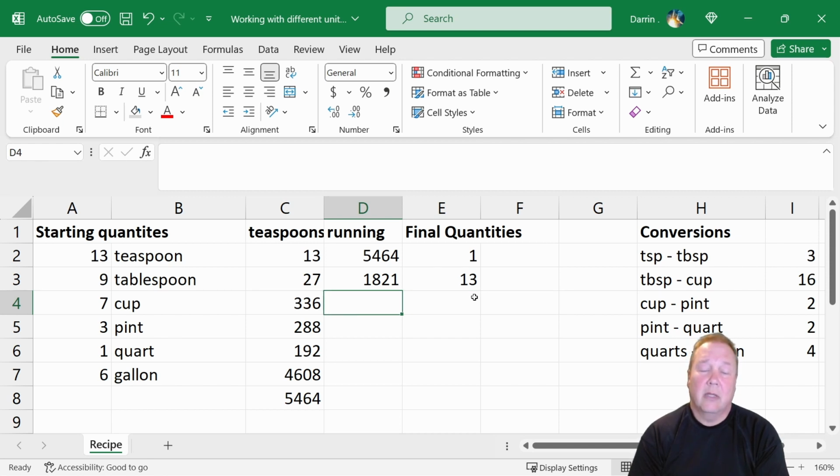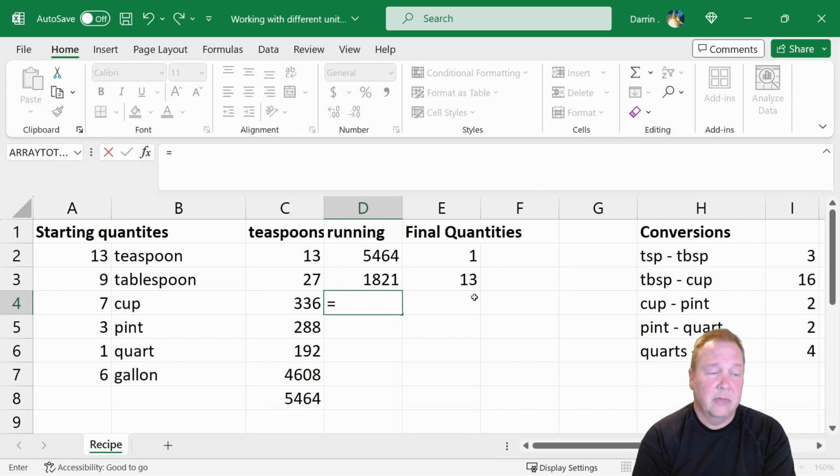Now again, I have 1 teaspoon, 13 tablespoons, and now I need the remainder here. And that is going to be D3 minus, I'm going to put parentheses on that, it's D3 minus E3 divided by I3.